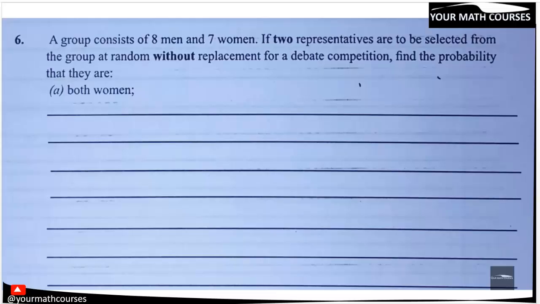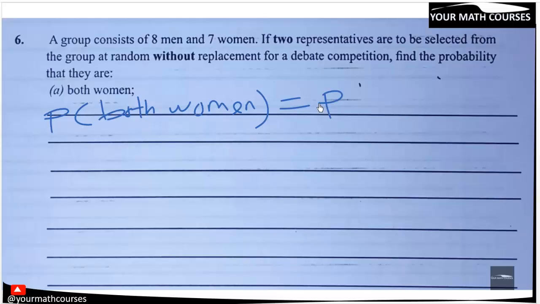First, the probability that they are both women will be equal to the probability of no men times the probability of 2 women.